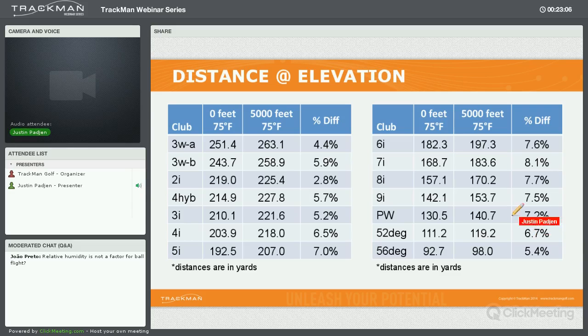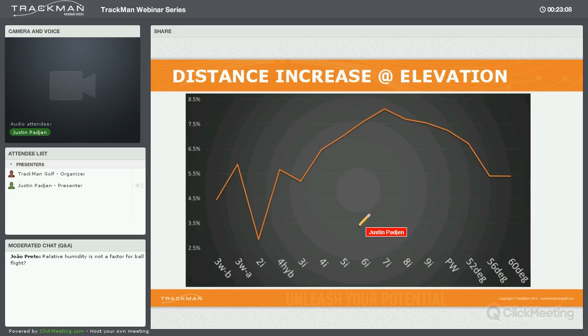If we look at this as a graph, here are the 2 3-woods, then the 2-iron, and then it goes back up and up and up to that 7-iron point, and then it drops off again. That's pretty typical. The largest jump in distance is generally in that 7, 8, 9 area, and then it's somewhat of a bell curve that drops off on either side.